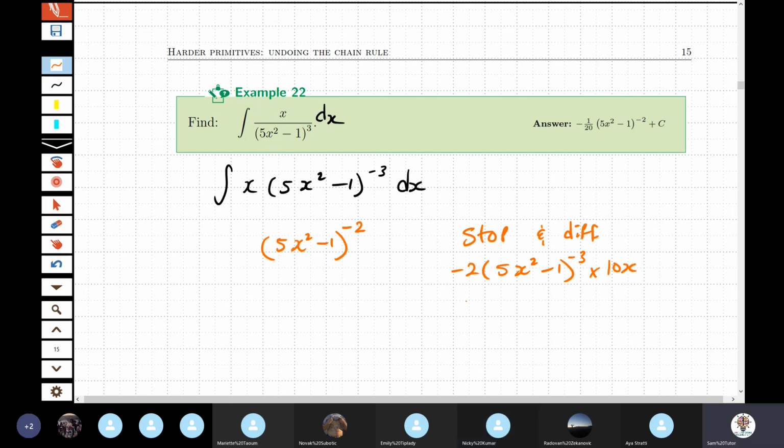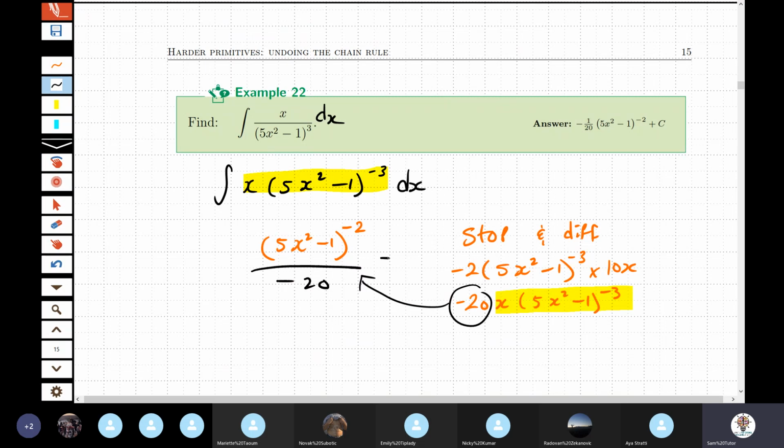Again, very close. So look what you've got: negative 20x, (5x squared minus 1) to the power of negative 3. You only wanted x times (5x squared minus 1) to the negative 3. So what are you going to do with the negative 20? Divide it over. Plus c. And that's the answer we're looking for.